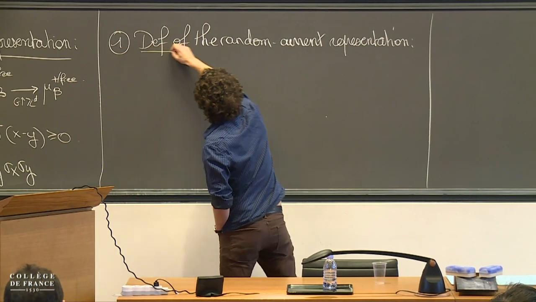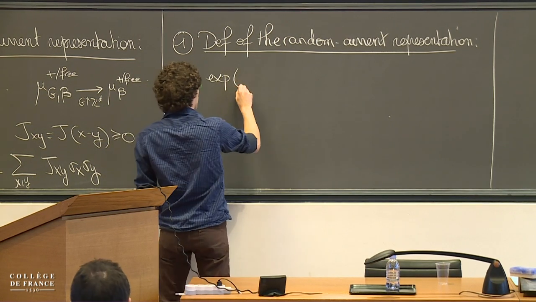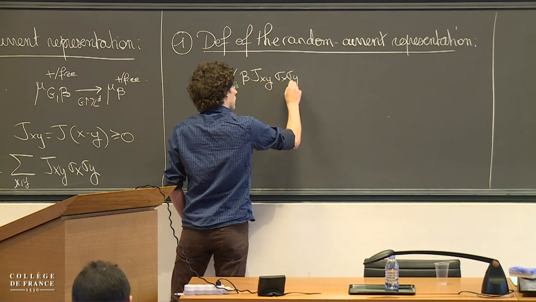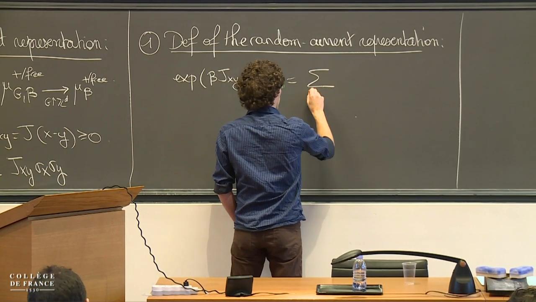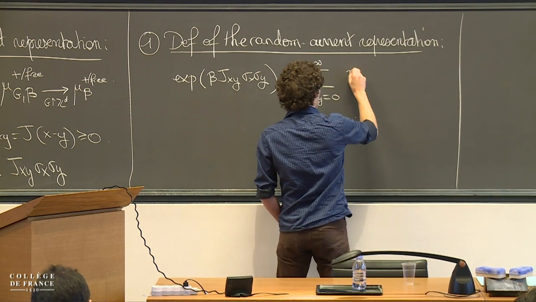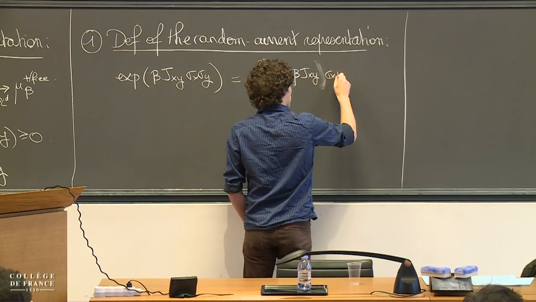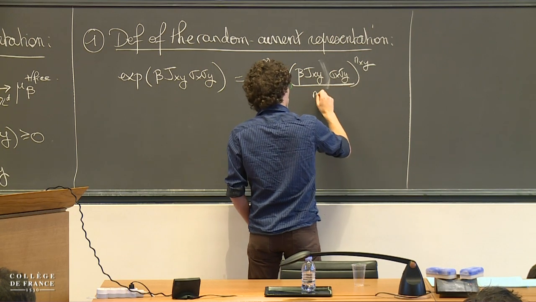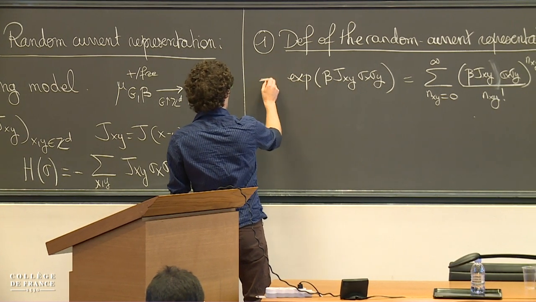Our goal is to exploit the fact that the exponential is very deep. We want to exploit the fact that this thing is simply the sum for n_xy equals 0 to infinity of (beta J_xy sigma_x sigma_y) to the n_xy divided by n_xy factorial. Okay? I want to exploit this. This is my main idea.